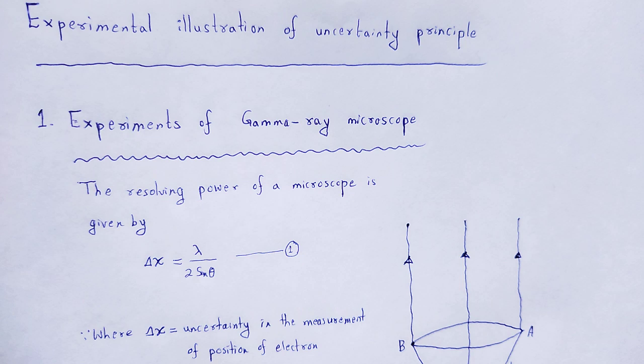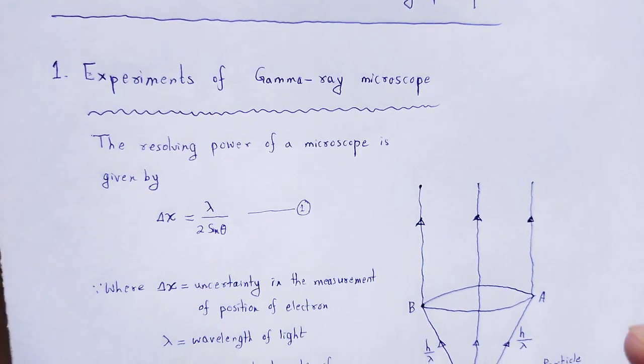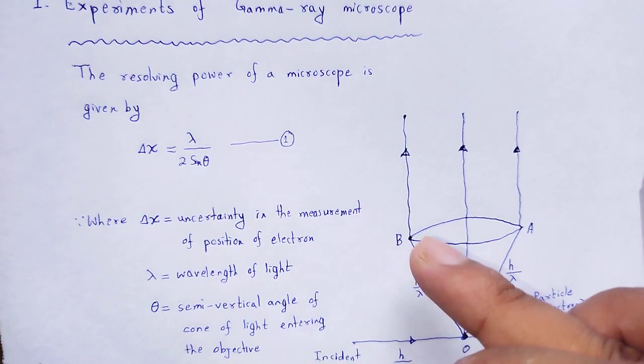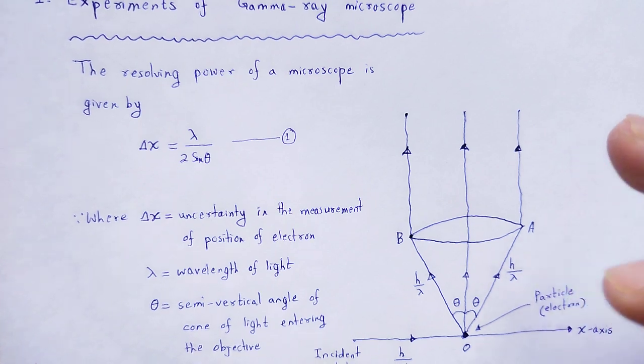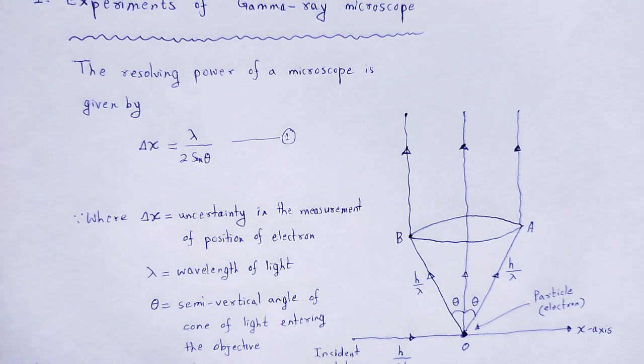To measure the position and momentum of an electron, a high powered gamma ray microscope is used. This is a figure of a high power gamma ray microscope.